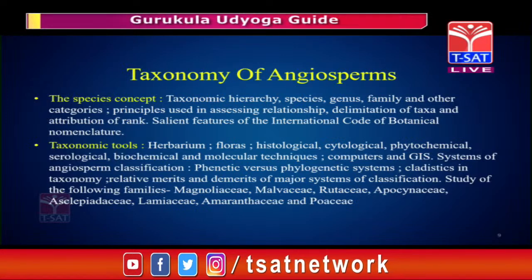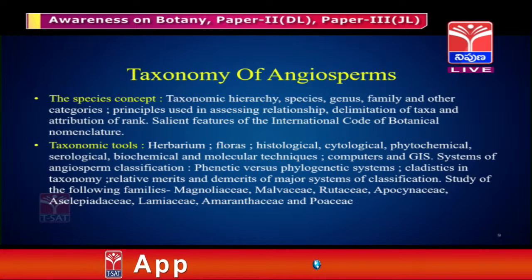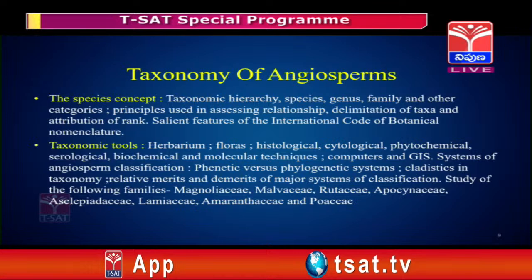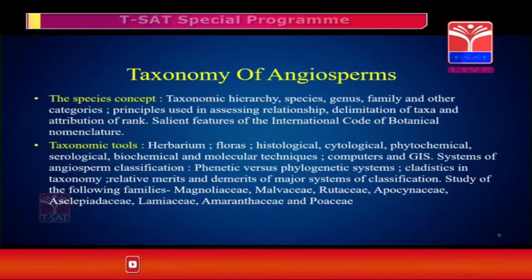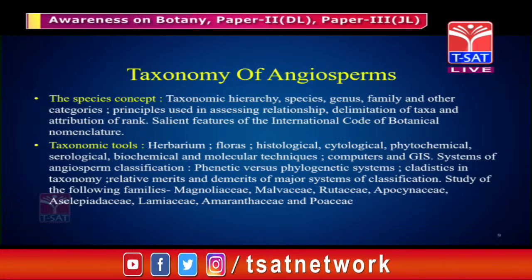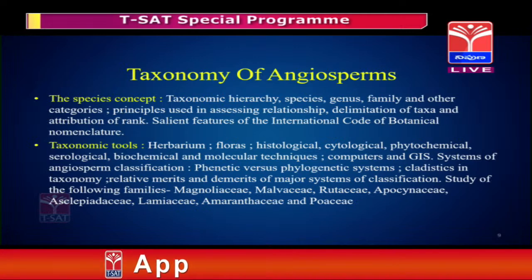Whether the petals are fused or not? These characters have to be learnt in a comparative manner. And please do not forget the economic importance of these families. They are very, very important. As you all know, they are important as food and feed for us. So you have to make a note of the economic importance of these families also.